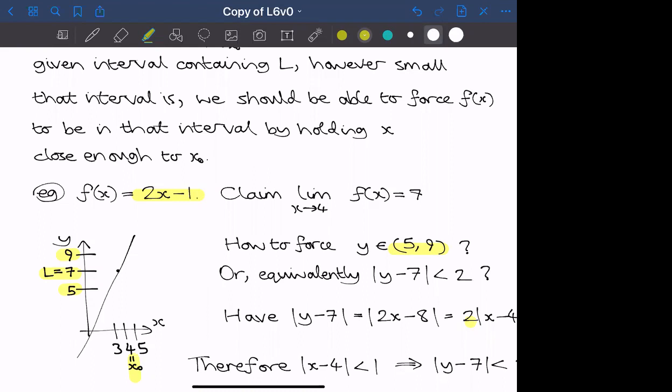This is obviously a very simple question, but it's good to start simple. So equivalent to this, 7 is in the middle of the interval, so we're asking for the distance of y from 7 to be less than 2.